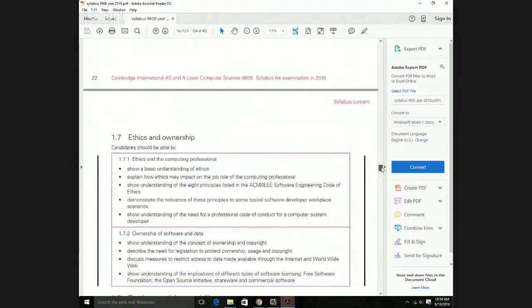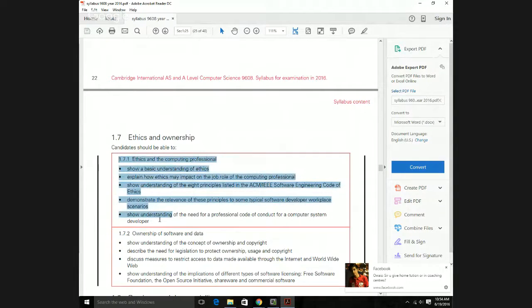So ethics, when we talk about ethics, that is 1.7, the seventh chapter. Not that some particular cultures or religions have different ethics, but we will talk about computer ethics, the freeware, the shareware, and the copyright, and what is the difference between them, and what is good and what's not good.